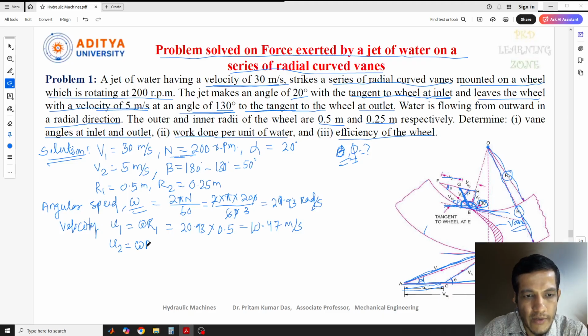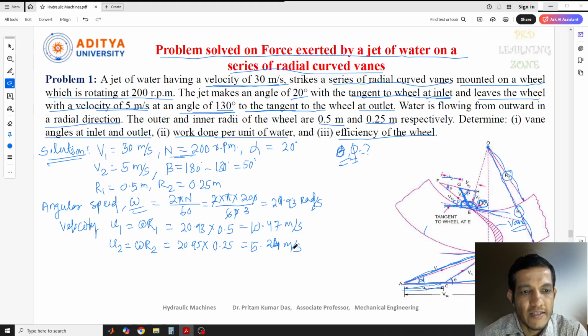That is also omega into r2. So omega equal to 20.93 into 0.25. 0.25 means again half of this. So we can write 24, this much meter per second.